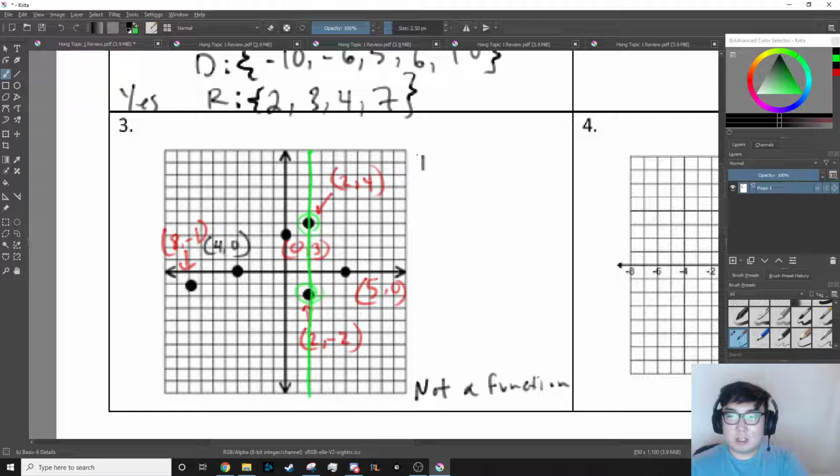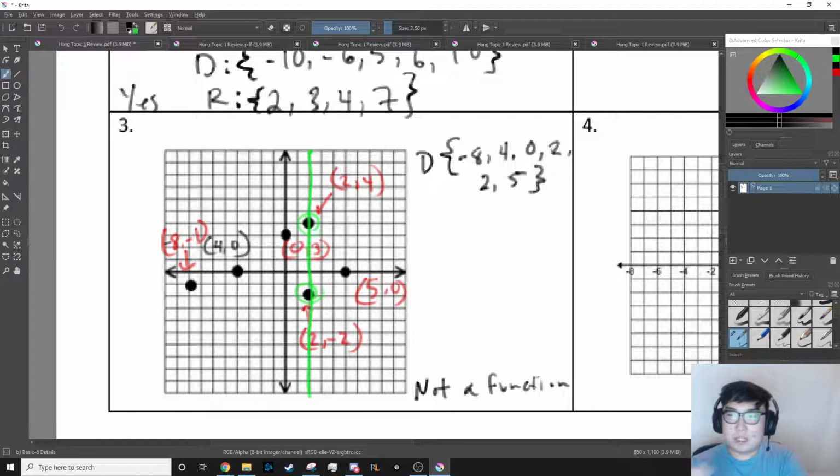Okay, let's talk about the domain. So this is negative 8. Negative 8, 4, 0, 2, 2, 5.